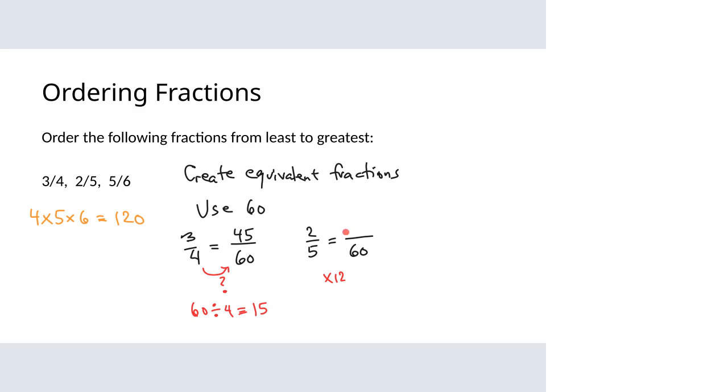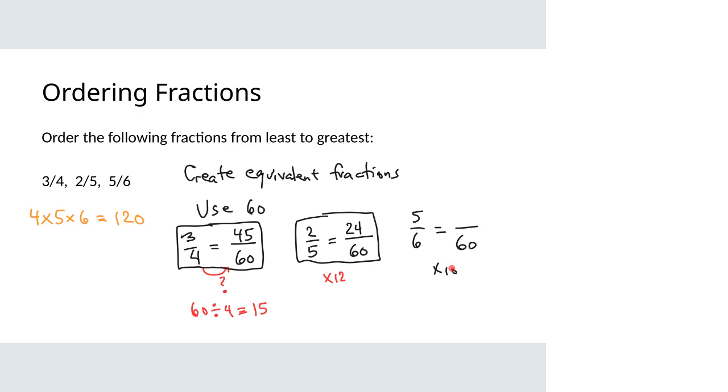And 2 times 12 is 24 over 60. So what we found out so far is that 3/4 is equivalent to 45 over 60. 2/5 is equivalent to 24 over 60. And we have one more to do, and that's 5/6. And that's going to be something over 60. This one I can actually do in my head. That's times 10. And so that'll be 50 over 60.